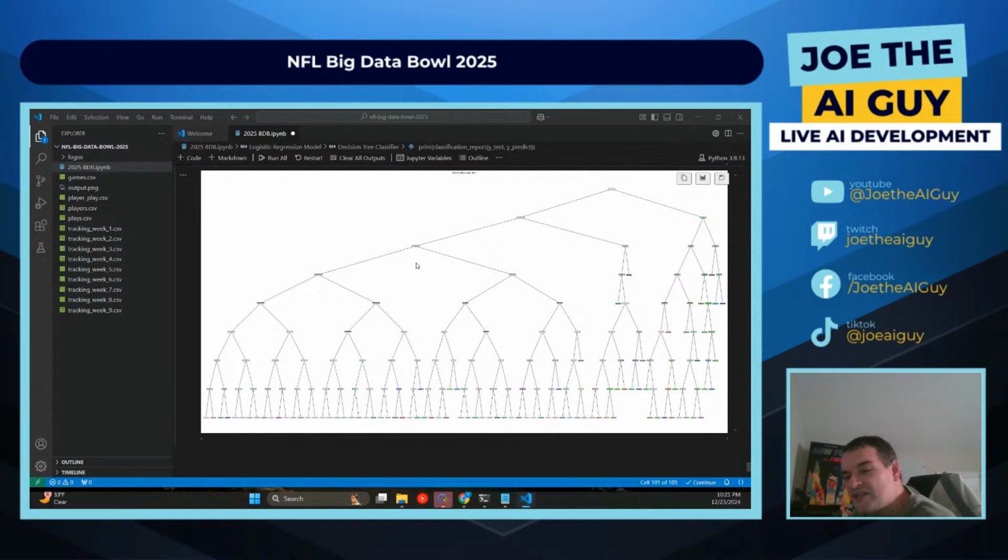So the max depth is how far down in the tree you're allowed to actually go. And what you see here, right? So you go 1, 2, 3, 4, 5, 6, 7, 8 here, and one last split on that to get you to 9, right? So your first split here, your last split here, and these are the final outcomes.